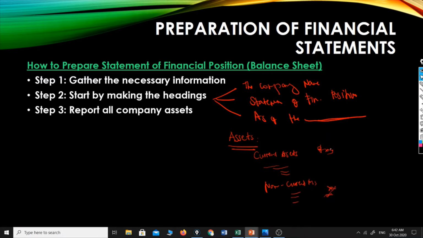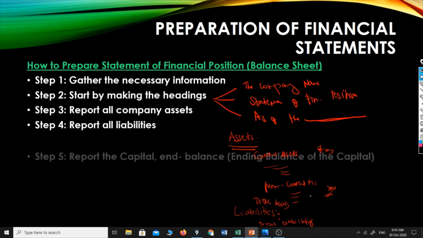Next, after having the company assets, you report all the liabilities. So the liability section, same with the asset, current and non-current. Okay, don't forget to total the assets. The same with the liabilities, total liabilities.